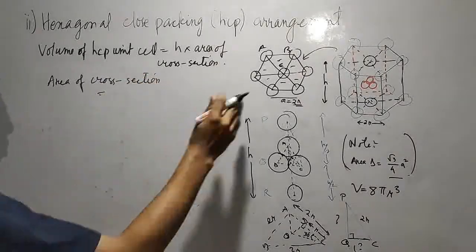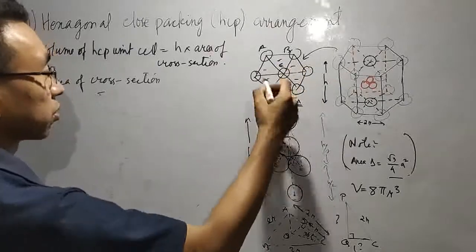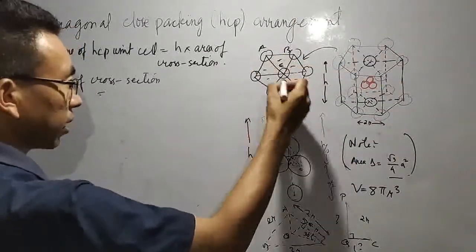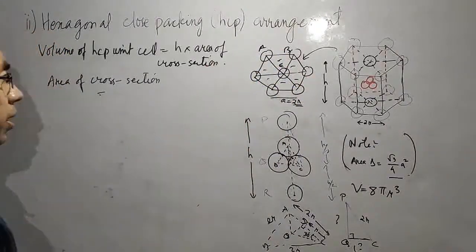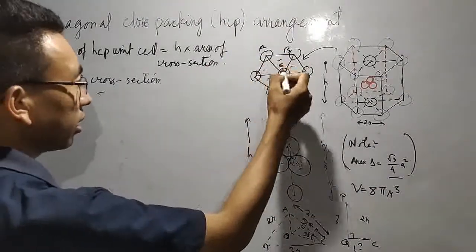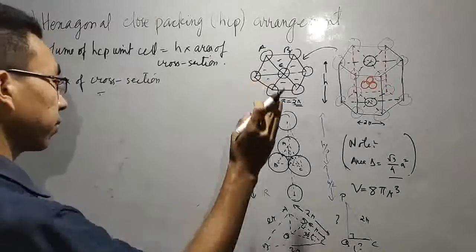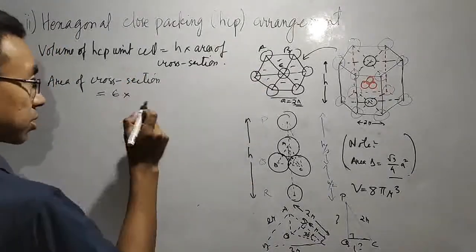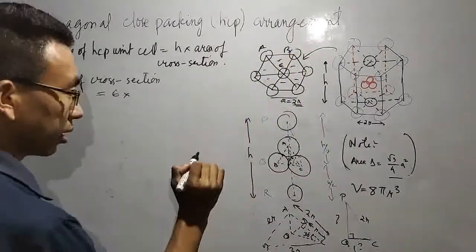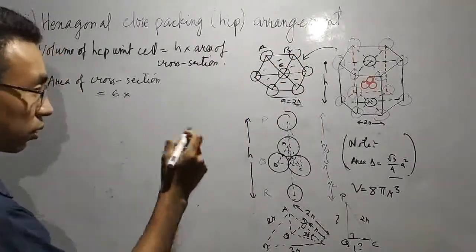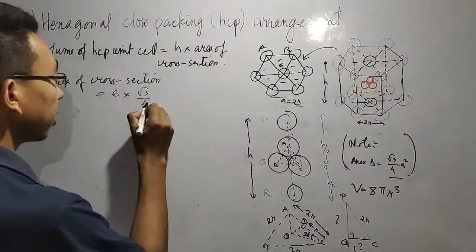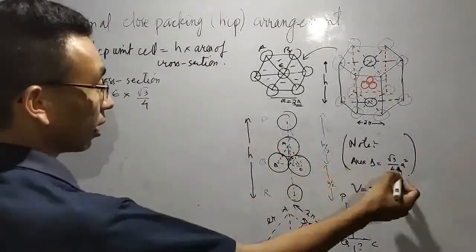As you can see here, this is the area of cross section, either up or down. Now if we divide this into 6 equal triangles, each triangle will be an equilateral triangle. So the area will be 6 times the area of one equilateral triangle. The area of an equilateral triangle is √3 by 4 a square, where a is the side.